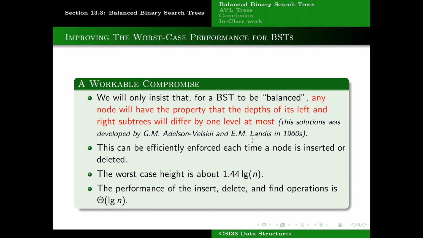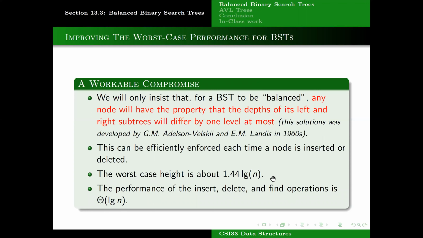So this restriction can be efficiently enforced each time a node is inserted or deleted. The worst case height we get is, this is the exact value for it, 1.44 natural logarithm of n. You can find the proofs of this method's complexity and the height of the tree, however we just have the statement here.